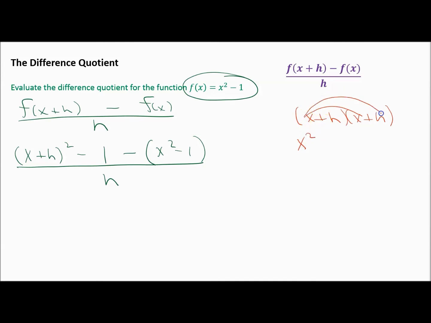The outers is x times h, so I'm going to put plus xh. The inner terms, h times x is another xh. Remember, the order you multiply does not matter. And then h times h is h squared. Now if I simplify that, I can add these like terms: x squared plus 2xh plus h squared.